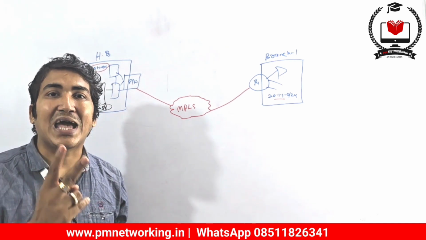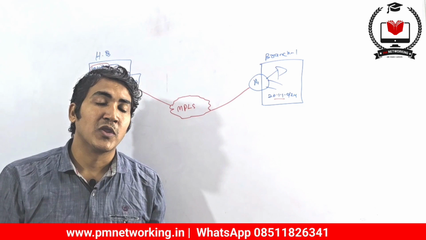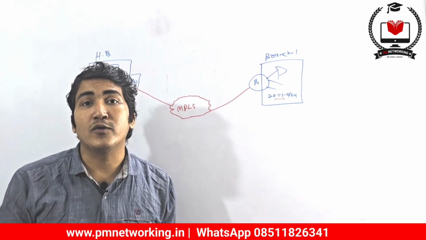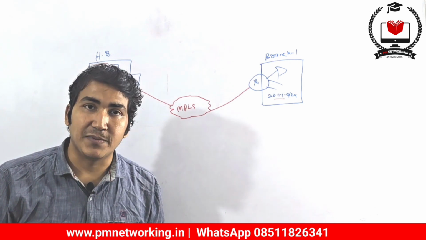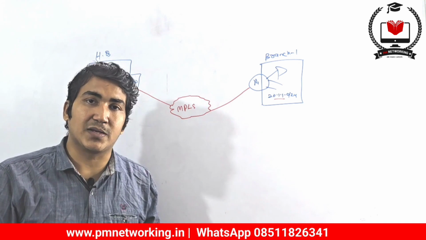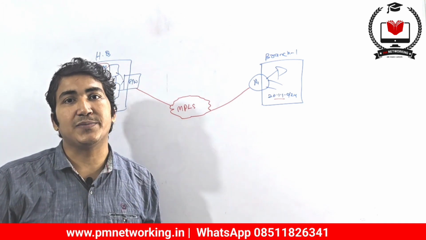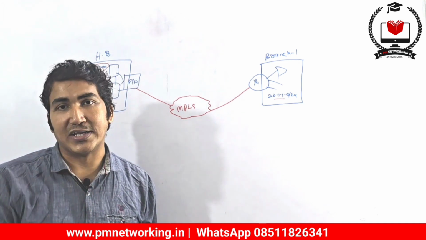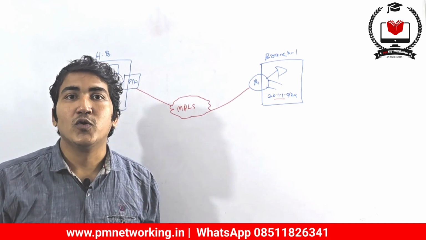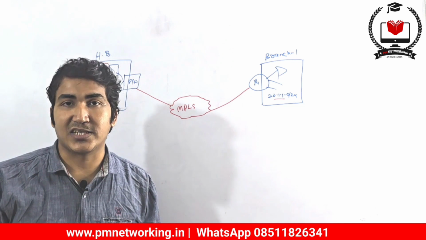So guys, there are two types of providers. One will provide you only connectivity between two sides, and the other is the internet service provider. SP and ISP: SP means the service provider who will provide you connectivity between two or more points. ISP means the provider who will provide you internet service.